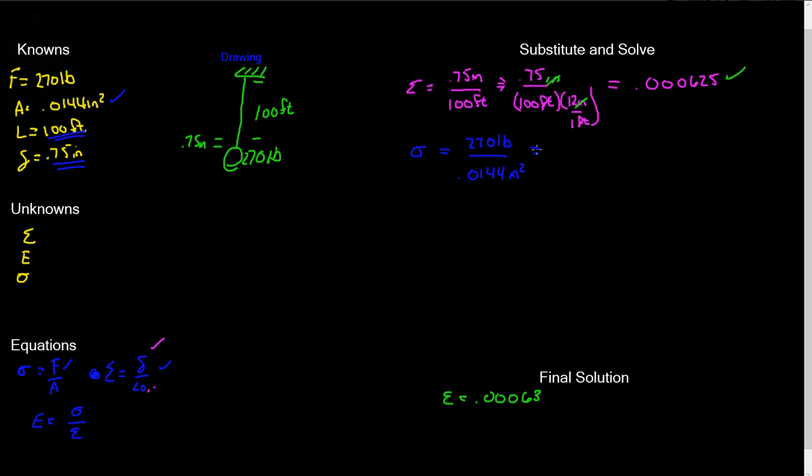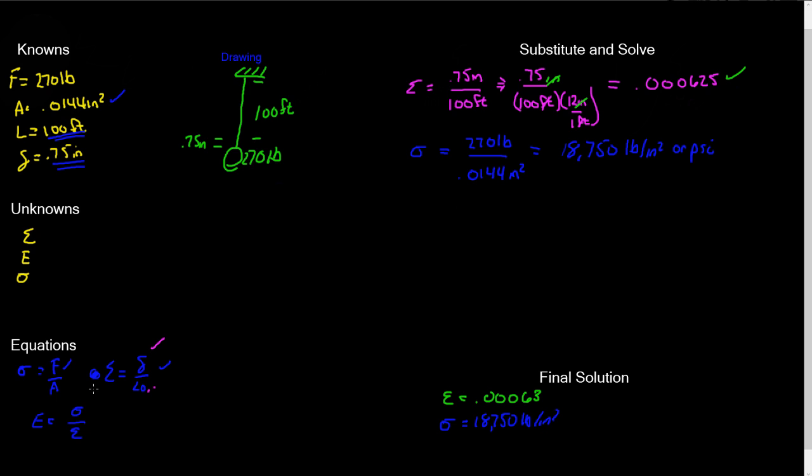That's just a real quick hand jam, so let's do that. 270 divided by 0.0144, and I get the number 18,750 pounds per inch squared, or PSI. Pretty straightforward also, so let's put that down here as one of my answers. Sigma equals 18,750 pounds per inch squared.